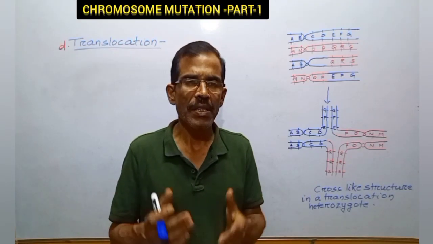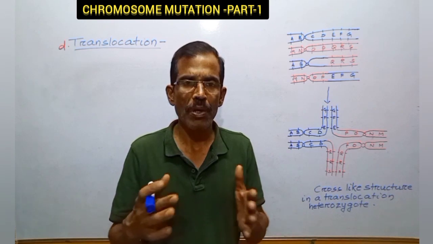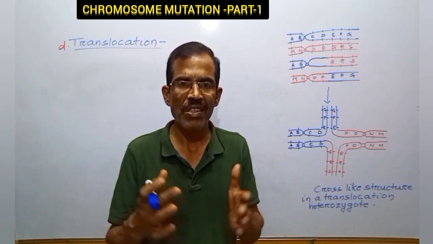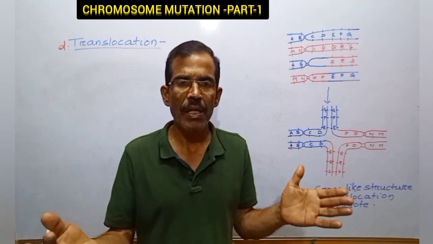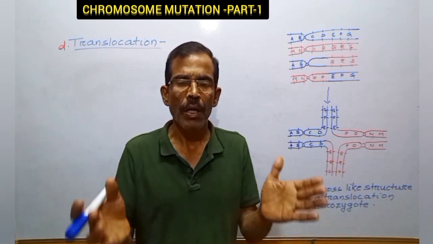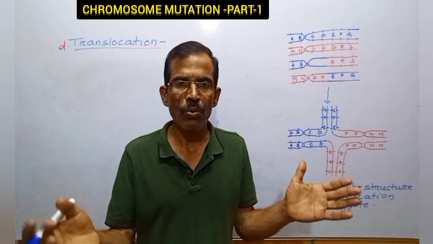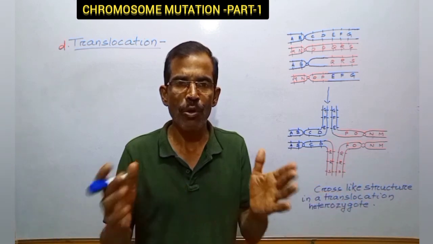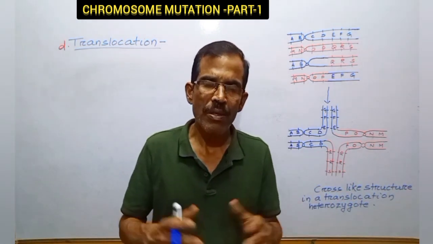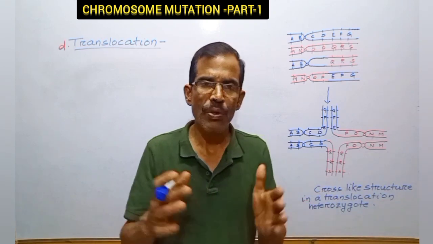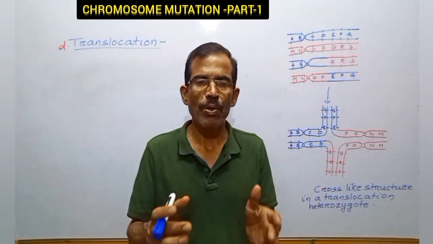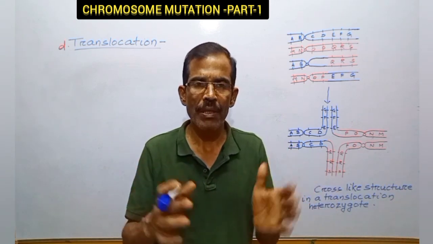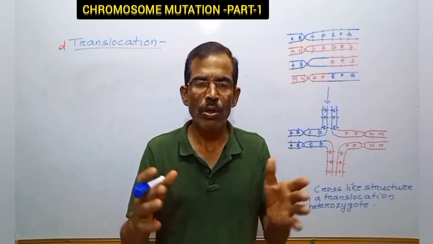Finally, there is another type of chromosome rearrangement known as translocation, in which genetic material is moved between non-homologous chromosomes or within the same chromosome. Translocation should not be confused with crossing over, which is the reciprocal exchange of genetic material between homologous chromosomes.